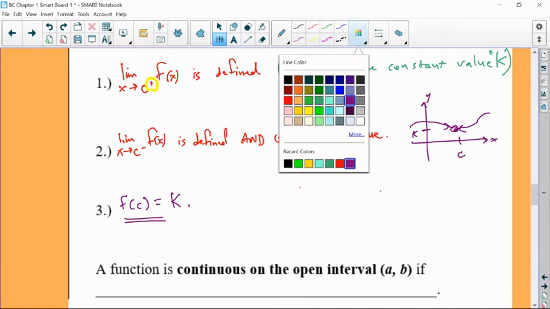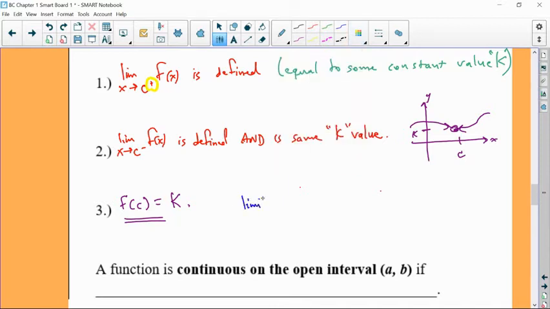Another way to think about this is that part 1 and part 2 are talking about the limit value, and the limit value is equal to the function value. Another way to think about it is that what should have happened did happen. There were no surprises.